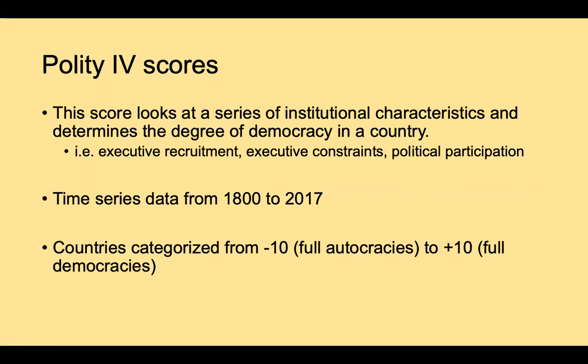Yeah, so the truth is that the Polity 4 score has 17 characteristics. All of those are relatively specific, but they relate to things like, how do you become president? What kinds of restrictions are there on executive power? Can people vote in contested elections?